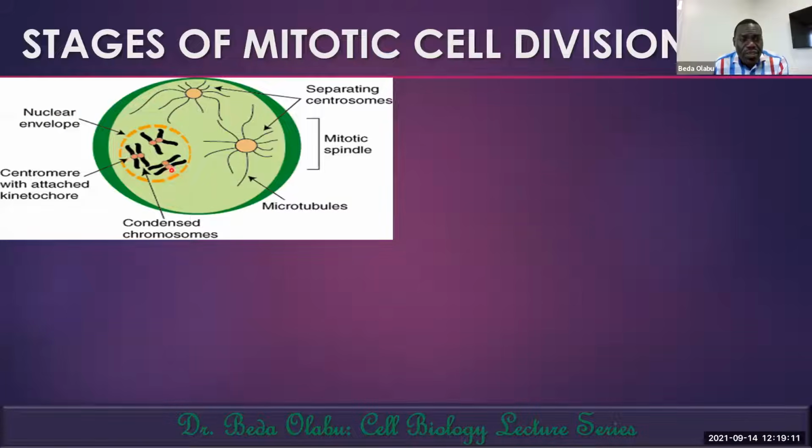The key thing that occurs during prophase is that the genetic material condenses into visible chromosomes. So we now have chromosomes. Because the genetic material was replicated, we expect that we have 2 copies of the genetic material in each chromosome, and those 2 copies are what we call the chromatids.